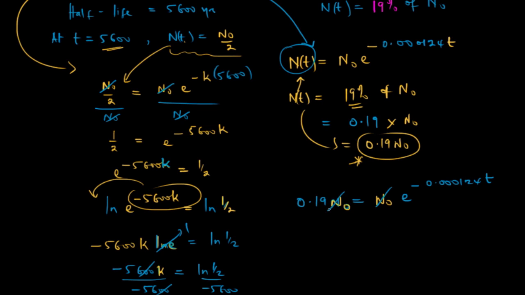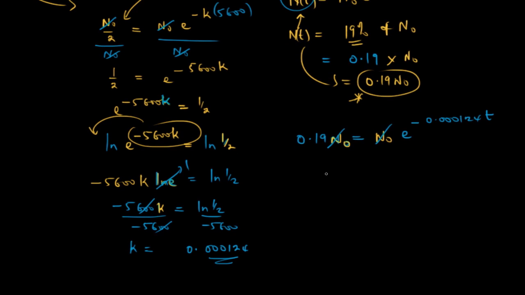Immediately we know that N naught goes off here, so we have 0.19 equals e to the power negative 0.000124t, which we can also write as e to the power negative 0.000124t equals 0.19.